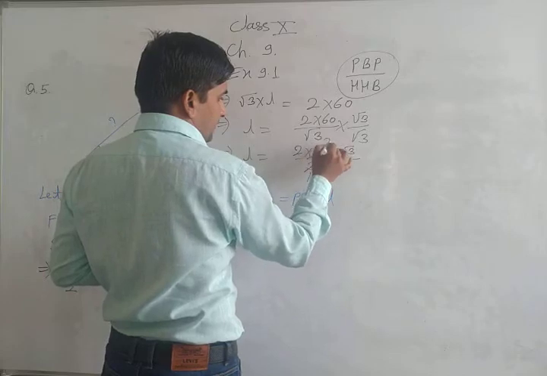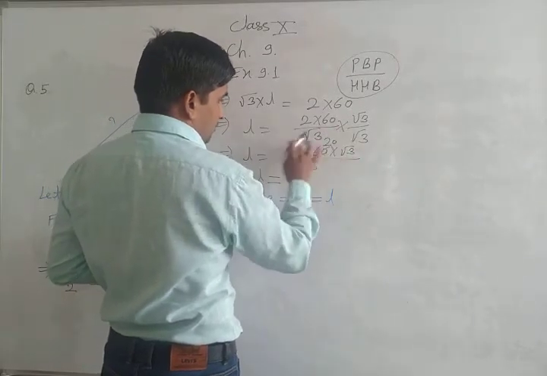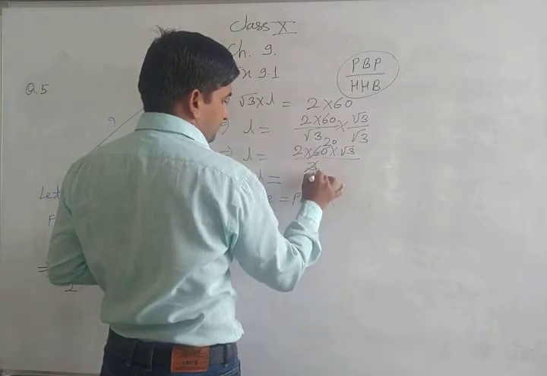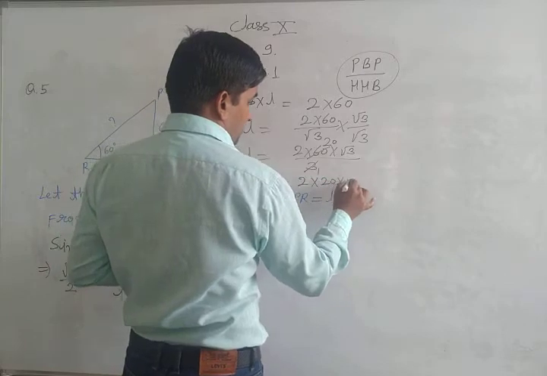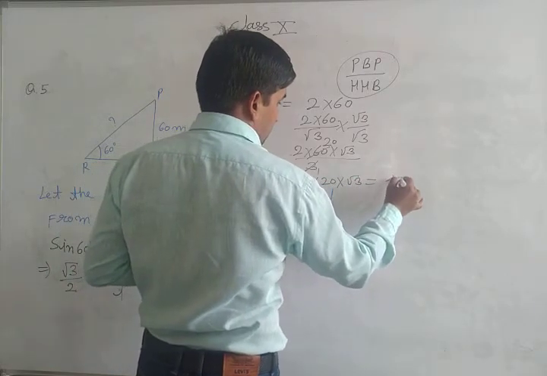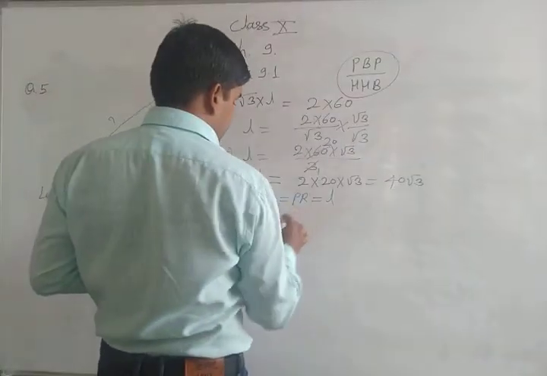3 1s are 3, 3 2s are 6, so 20. Therefore L equals 2 multiplied by 20 multiplied by root 3, which equals 40 root 3. Clear?